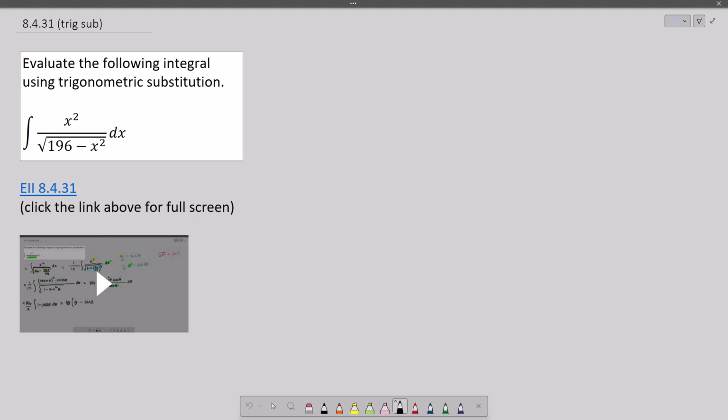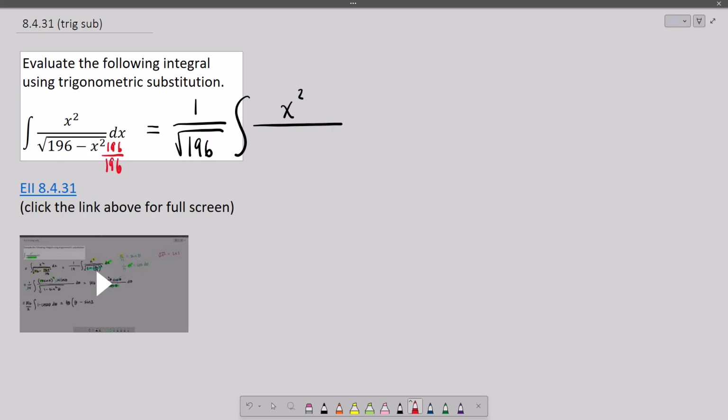But I do want unity. I want a 1 here. I want a difference of squares with unity, with a 1 right there. So we're going to factor out the 196. And that 196, when it factors out, it's got to come with that power that's on it, that square root. So this is going to be square root of 196 right there. And once again, there is no 196 with this x squared, but we can create one.